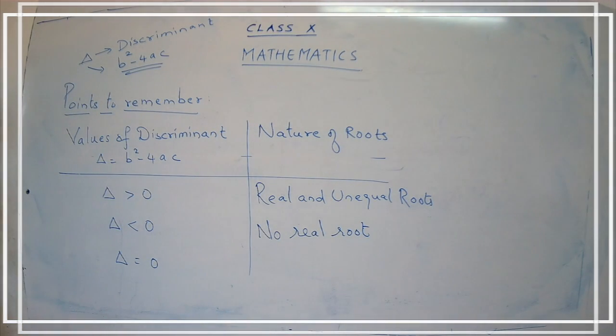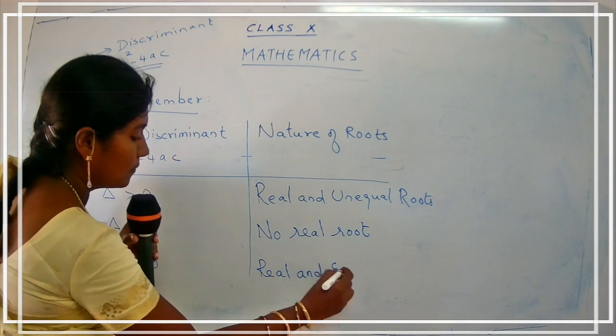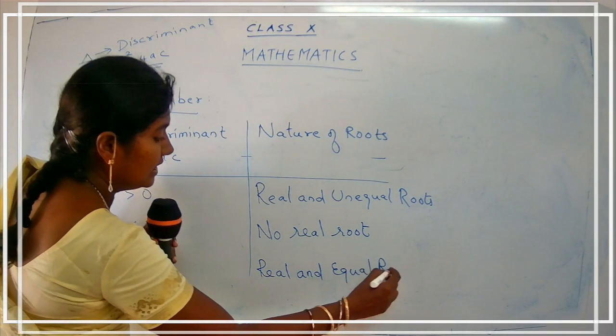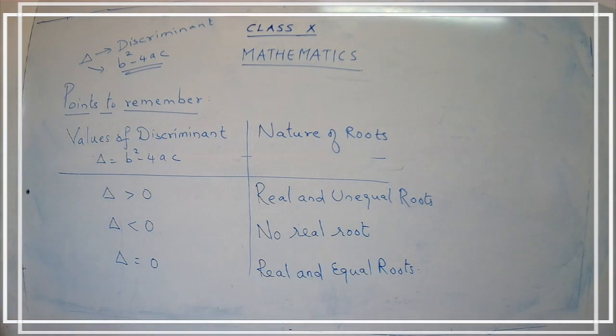No real root. And if the value for delta is equal to 0, it has real and equal roots. Real and equal roots.